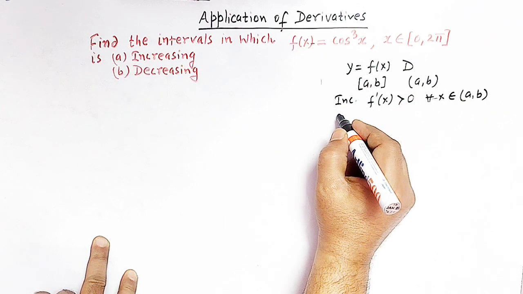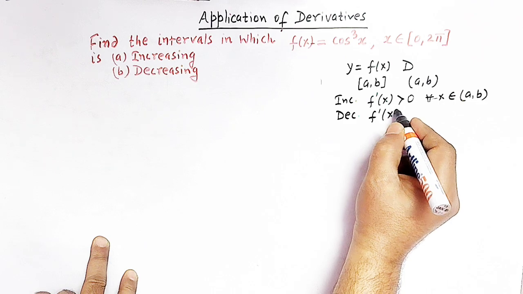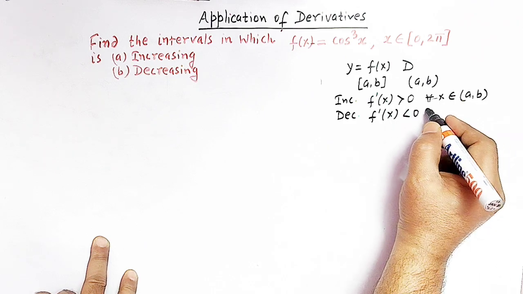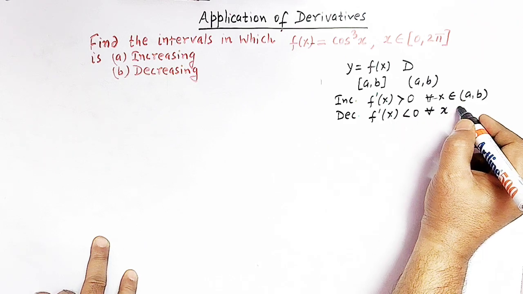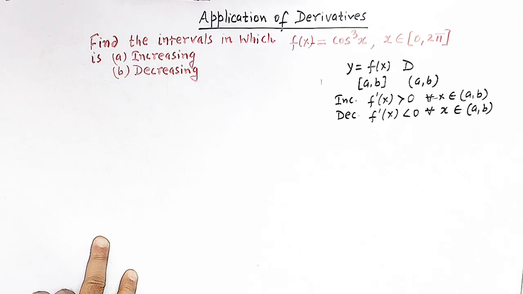And this function is said to be a decreasing function if f prime of x is less than 0 for all x belonging to a comma b.